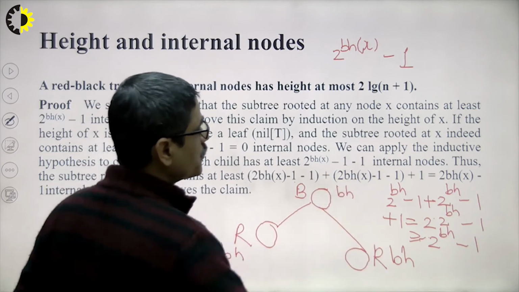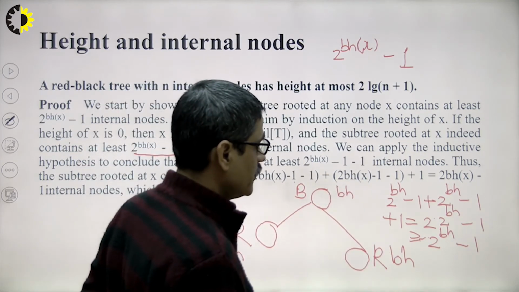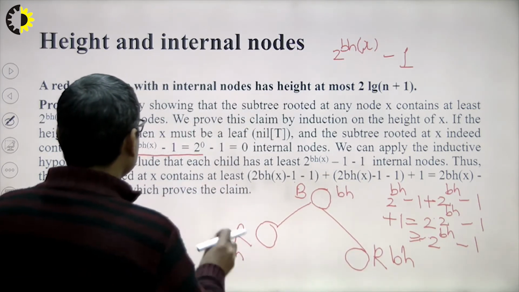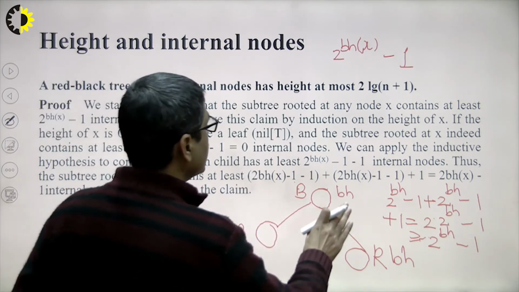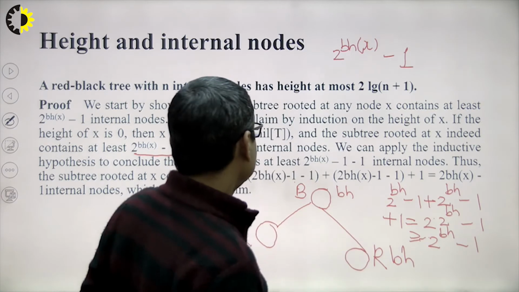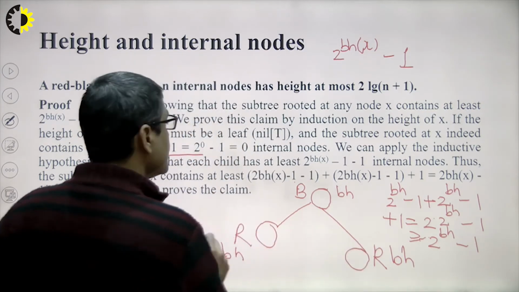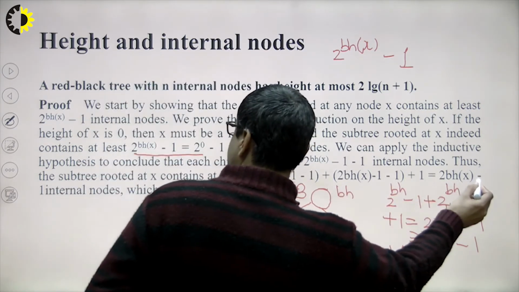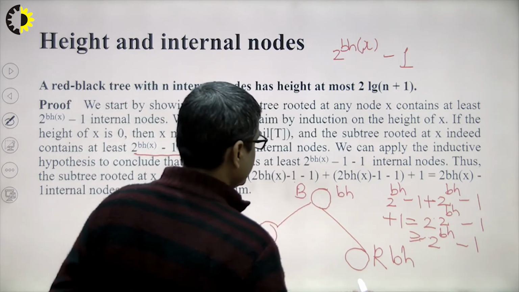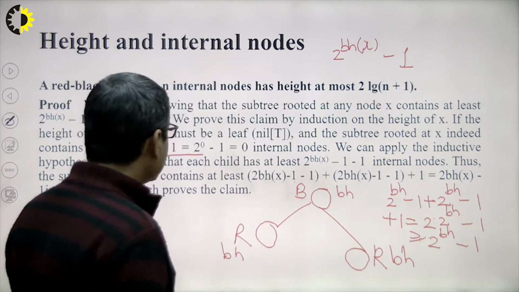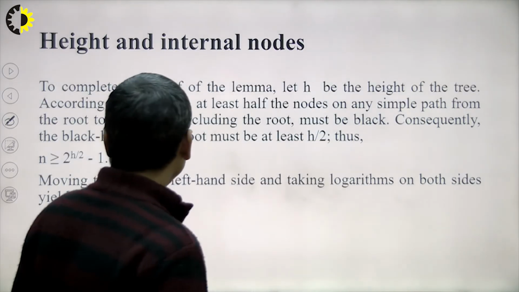So every time, the number of internal nodes would be greater by this particular theorem. So this is proved: either it equals 2 to the power bh(x) minus 1 internal nodes, or it would be greater than that. After that, how can we use this for this particular theorem?